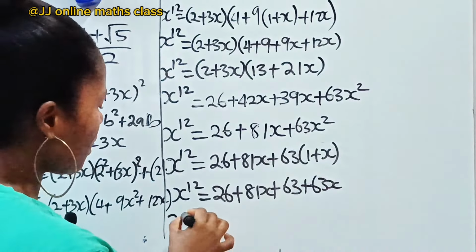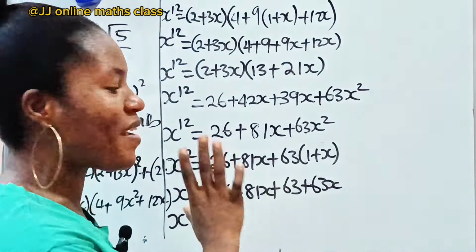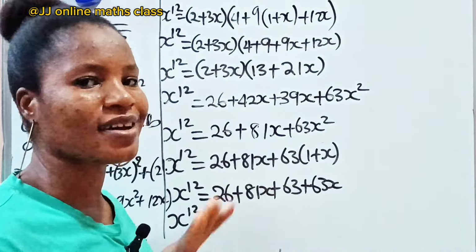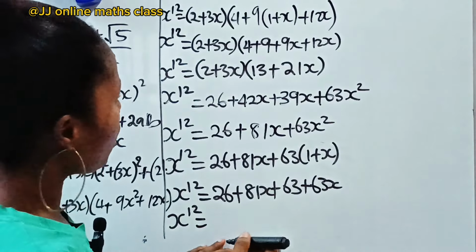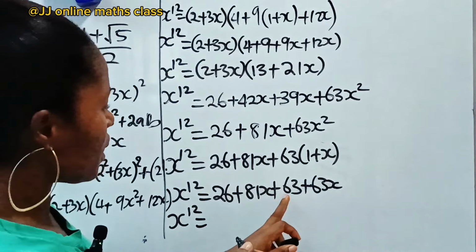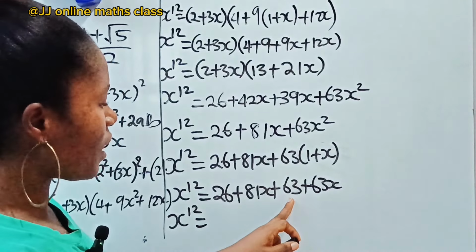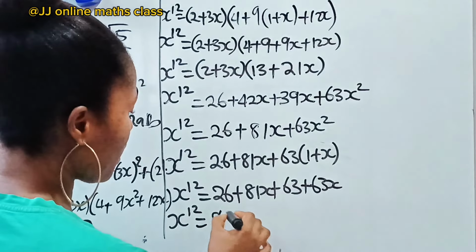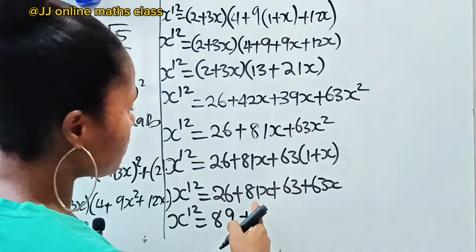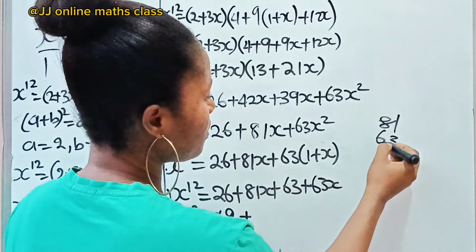All right, now x to the power of 12, don't get tired, we are close to the solution. Yes, very close. All right, so is equal to 26 plus 63 will give us 89, right? So we have 89 plus 81x plus 63x.